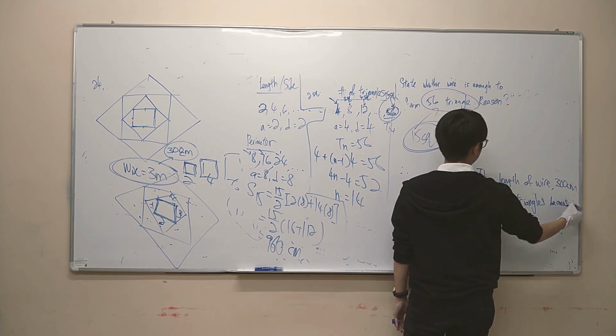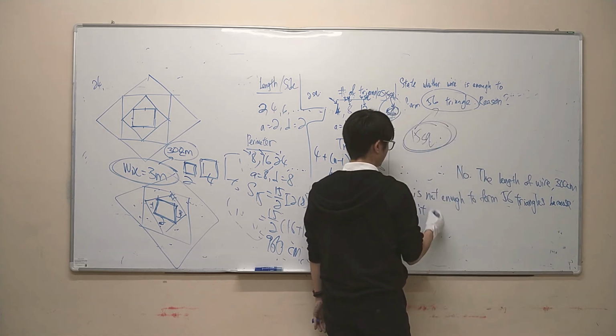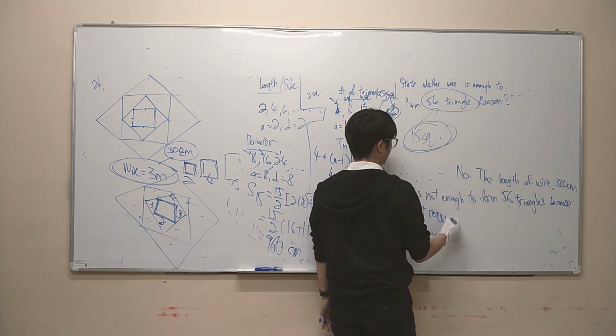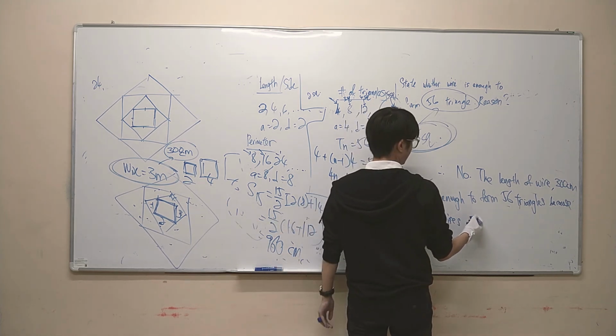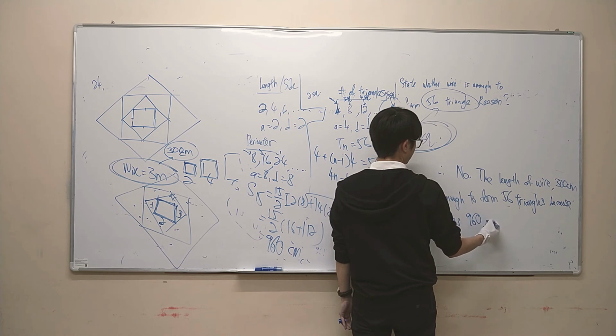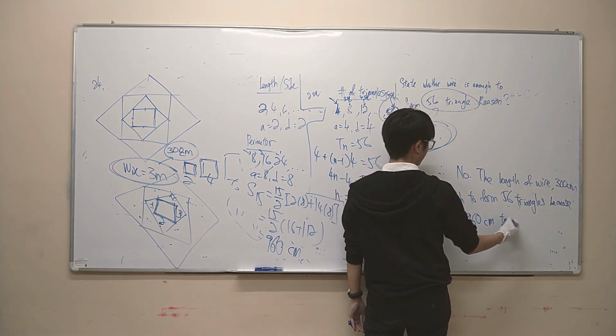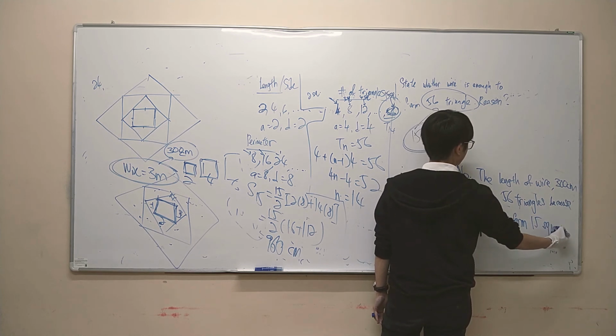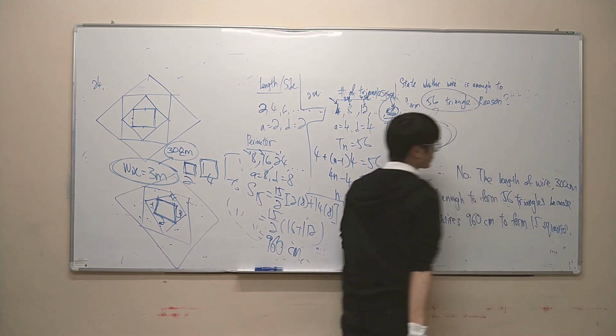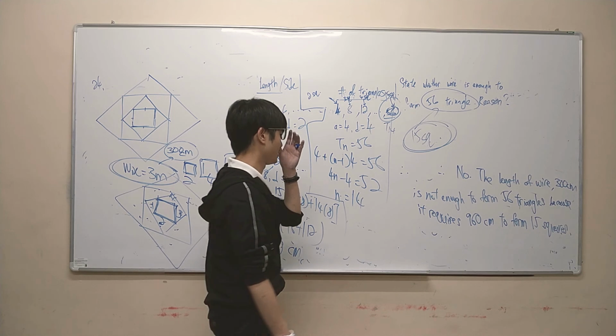Because it requires 960 cm to form 15 squares. Okay, I hope you are not confused with what I write here.